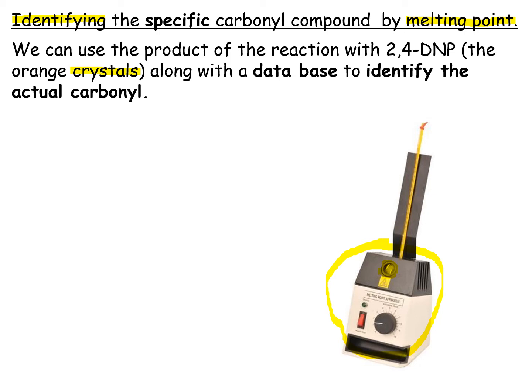So you can measure the melting point of yours and then look it up against that database. And that way you can identify the carbonyl compound. So what I'm going to talk you through next then is the method to be able to do that. But hopefully it'll make a little bit more sense now you've seen the melting point apparatus.